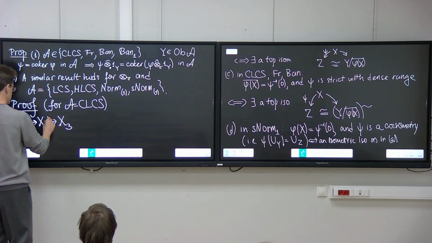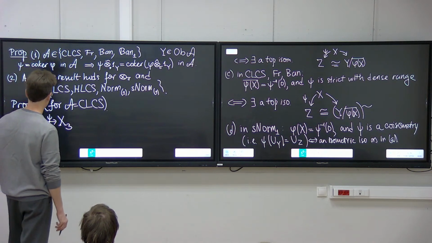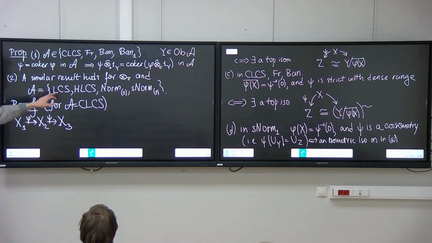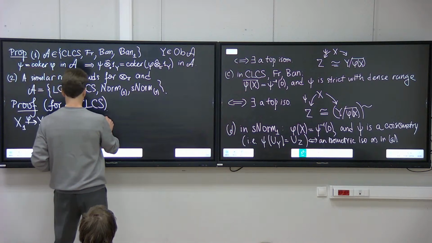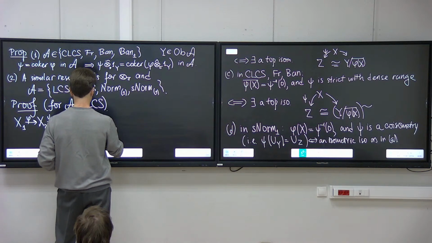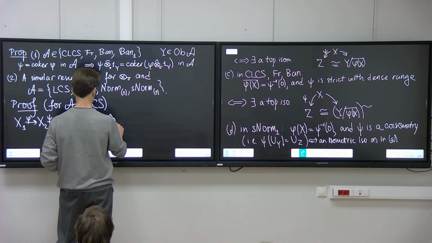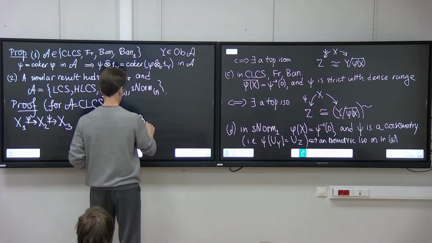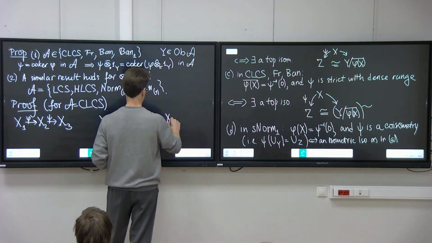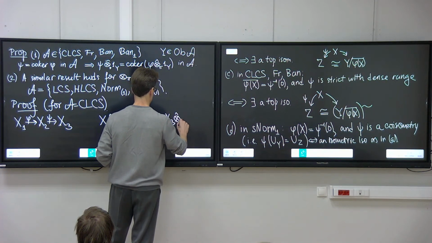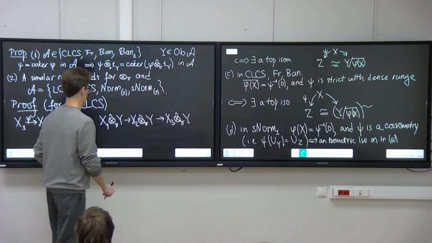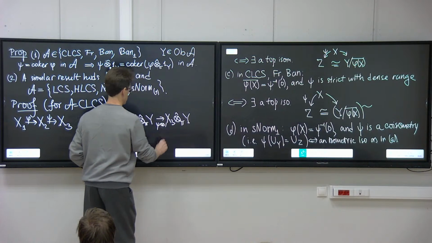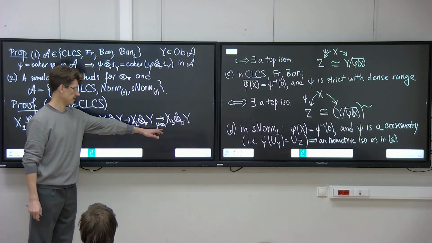This is phi, this is psi. So we know that psi is the co-kernel of phi. So let's look at the tensor sequence. This is phi tensor 1, this is psi tensor 1. So I want to show that this map is a co-kernel of this map.